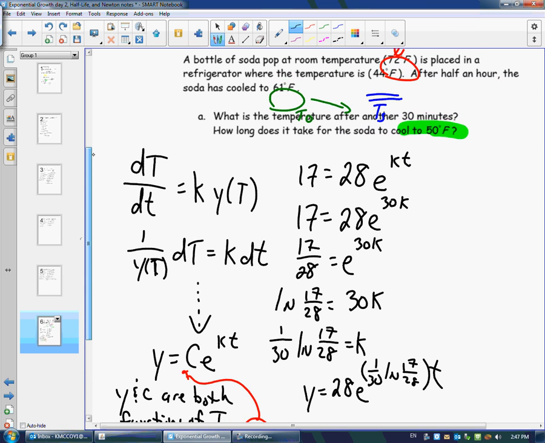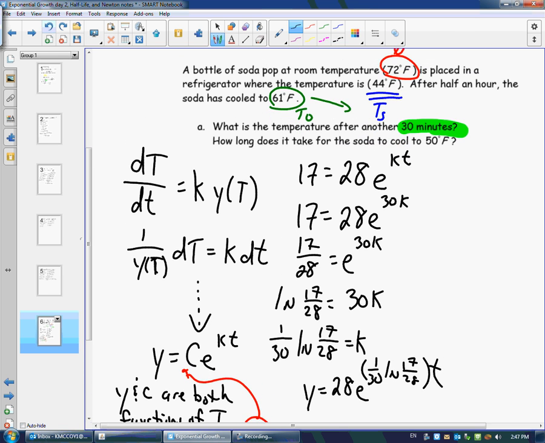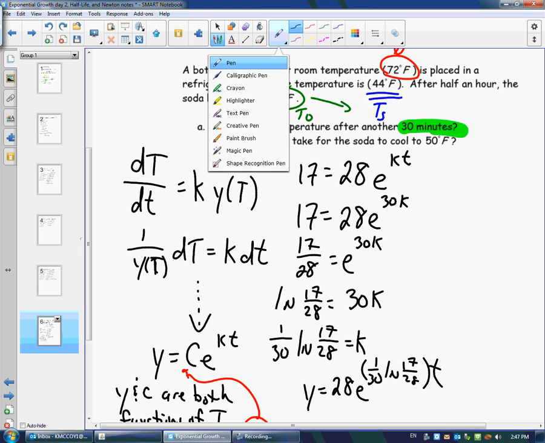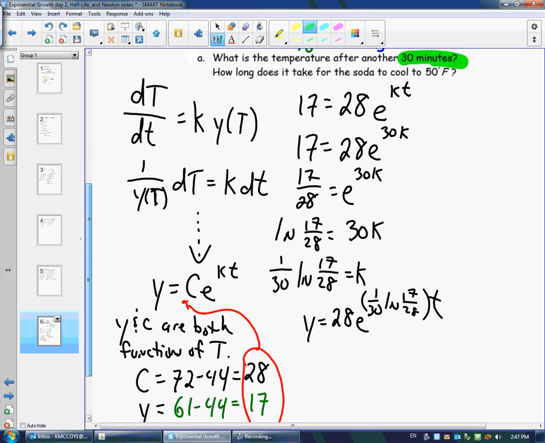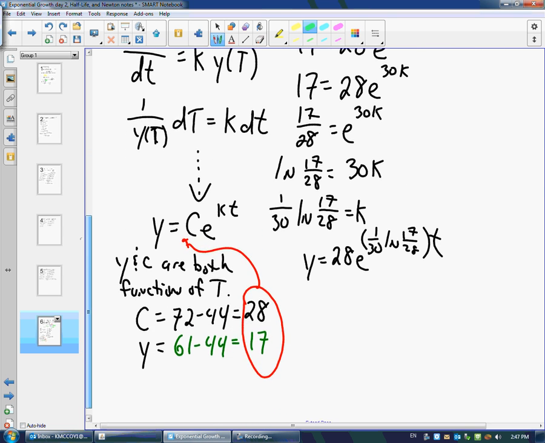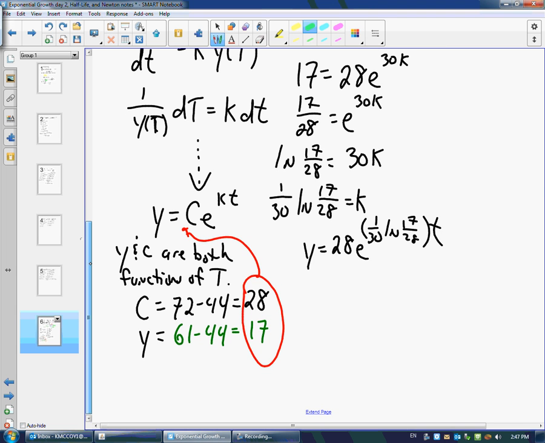So if we go back up here, we are looking for the temperature after another 30 minutes. I actually gave you guys the wrong time at first. Got lucky because it was after half an hour. Now we want it after another 30 minutes. So in this case, it's going to be 60. Again, if you're using hours, that would just be 1. But since I'm using minutes, I'm going to plug in 60.